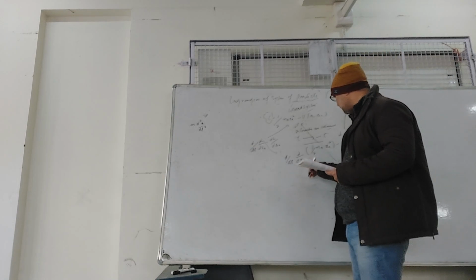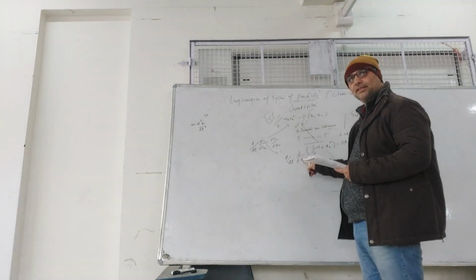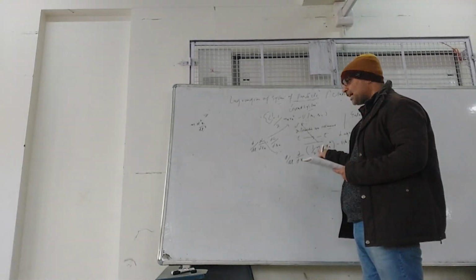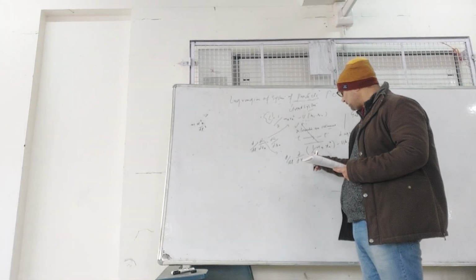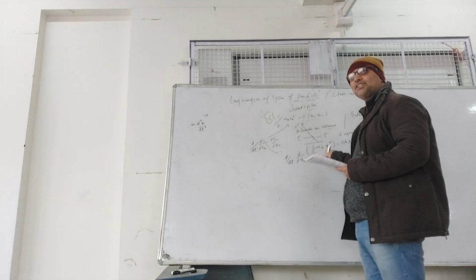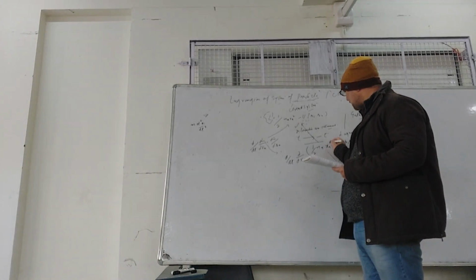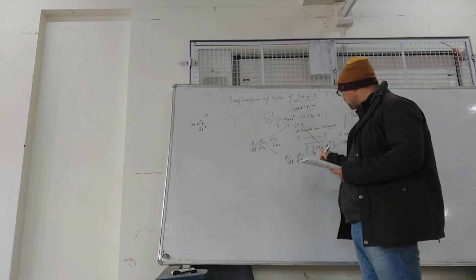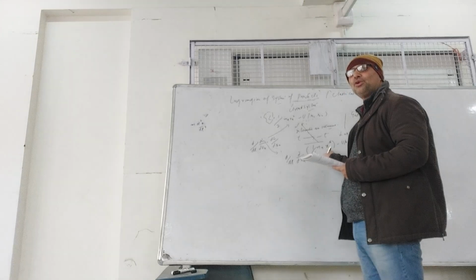What will happen? This is 1 by 2 xa dot squared, so it will be twice m xa dot. When you differentiate d by dx dot of m x dot squared, you get 2. The 2 will cancel with this 2, so it will be m x dot, or it will be m x double dot.